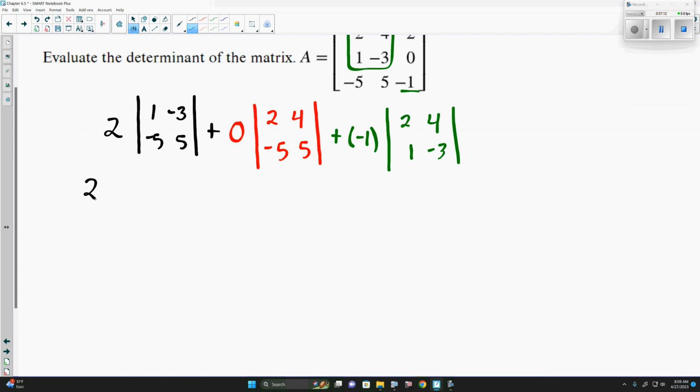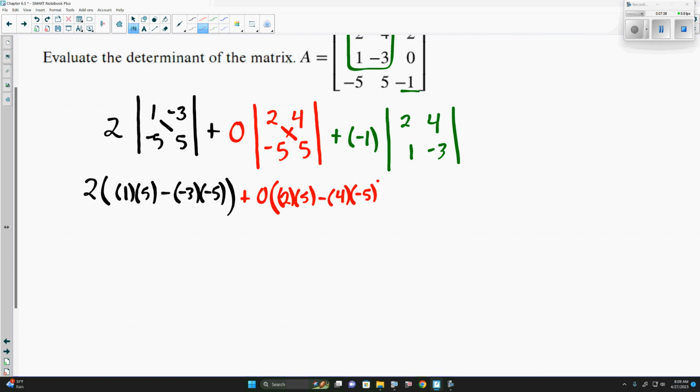Now for the first one, taking the determinant is kind of nice. We do 1 times 5 minus negative 3 times negative 5. Plus 0 times, we do our diagonals again, 2 times 5 minus 4 times negative 5.